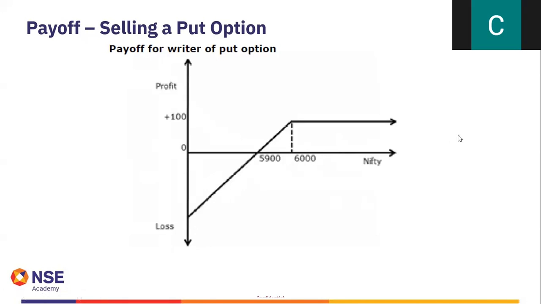If the price increases, he'll be making profit. Again, profit is limited to the extent of premium. Loss is unlimited. So this is about payoffs of call options and put options. I will take a pause here. If you have any questions, please ask.